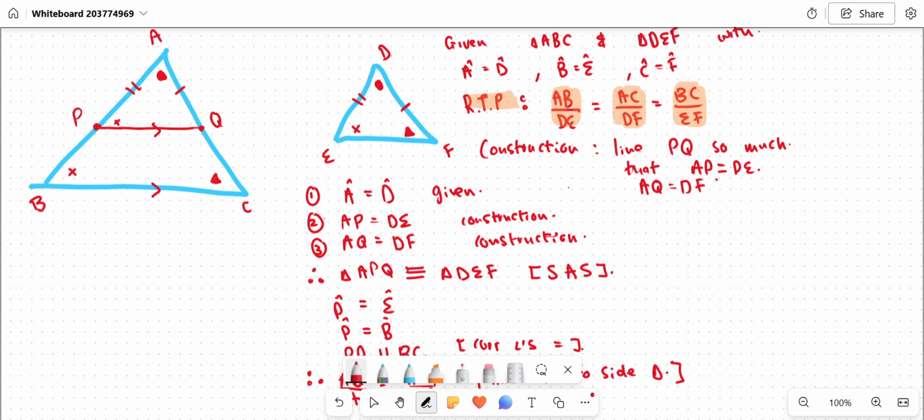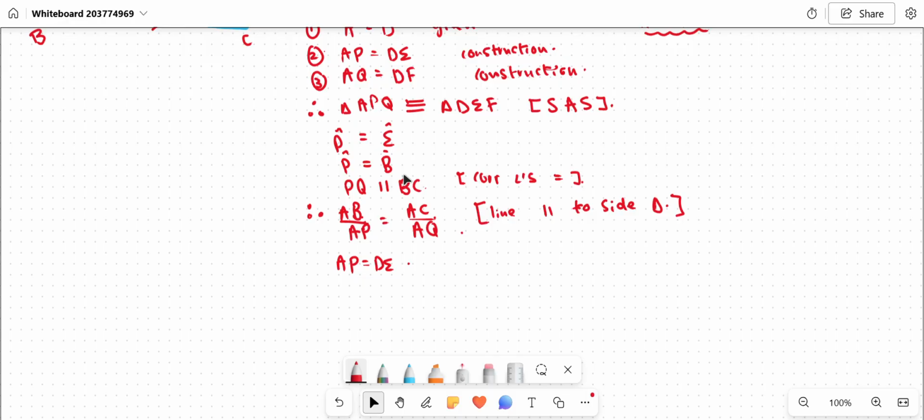From my construction, I did say that AP is in fact equal to DE, and I also did say that AQ is in fact equal to DF. That's how I constructed these lines. So I'm going to first state those guys. AP is equal to DE, and that AQ is equal to what's the other guy? DF. And for this the reason is constructions. It's from the constructions I just made.